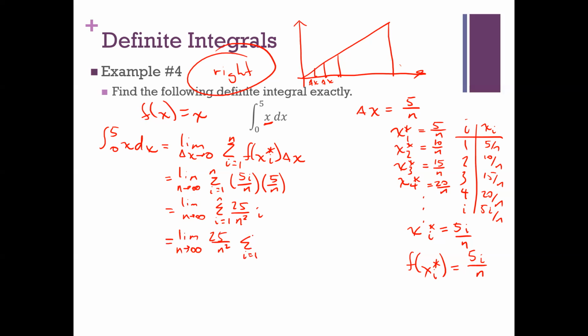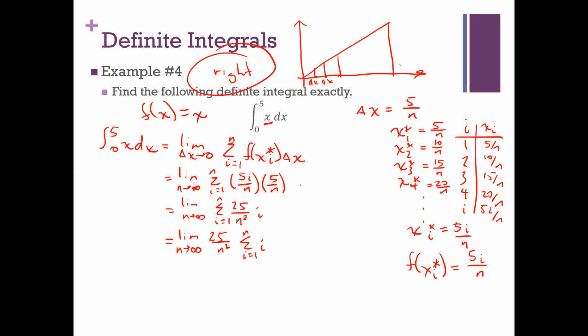The limit as n goes to infinity. I want to slow down and talk about this. I think we had some trouble with it last time because it's still really new.